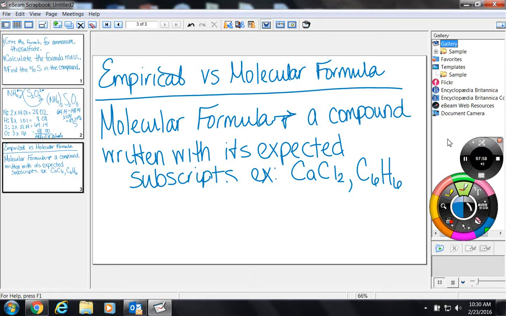So like NO, yeah, could be. It could be a covalent compound or like NaCl. Yeah, it can be. So just how it exists with its expected subscripts, whether the subscripts are imaginary ones or it has them. Okay? An empirical formula.